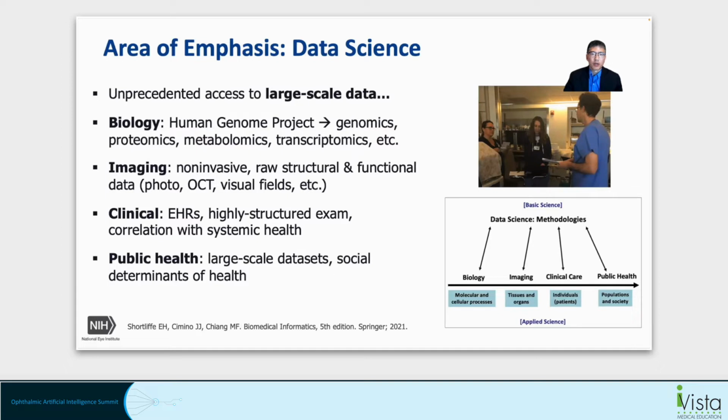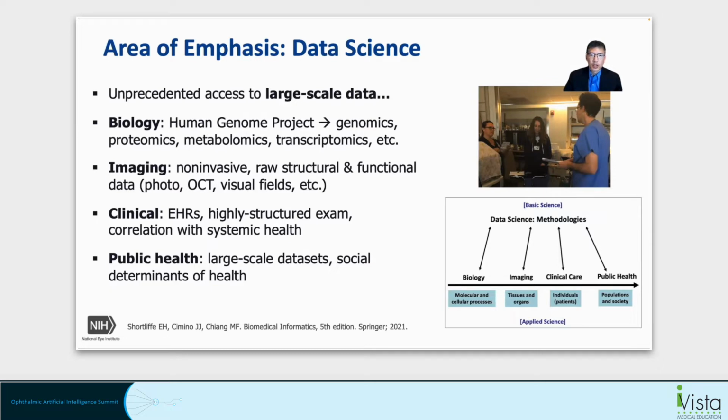And one of the advantages of the ophthalmology field is that regardless of what type of data people are interested in, from biological data to imaging data to clinical data to population health data, it's actually fairly readily available in the vision science field, compared to almost any other field.